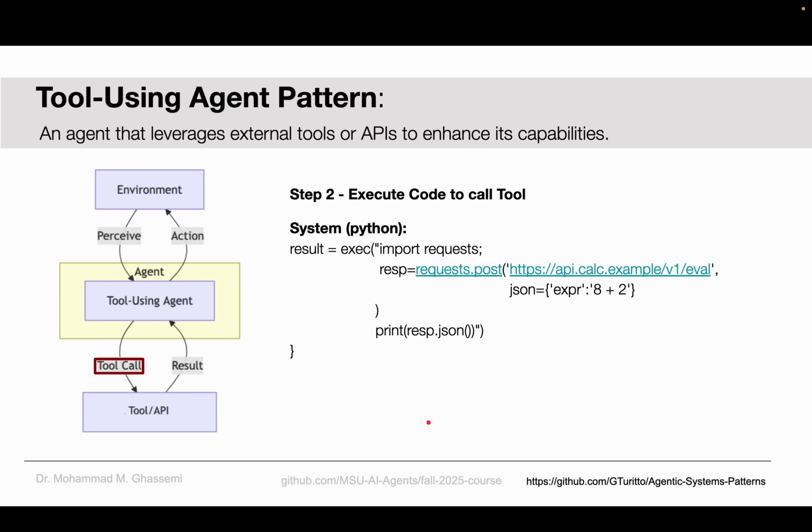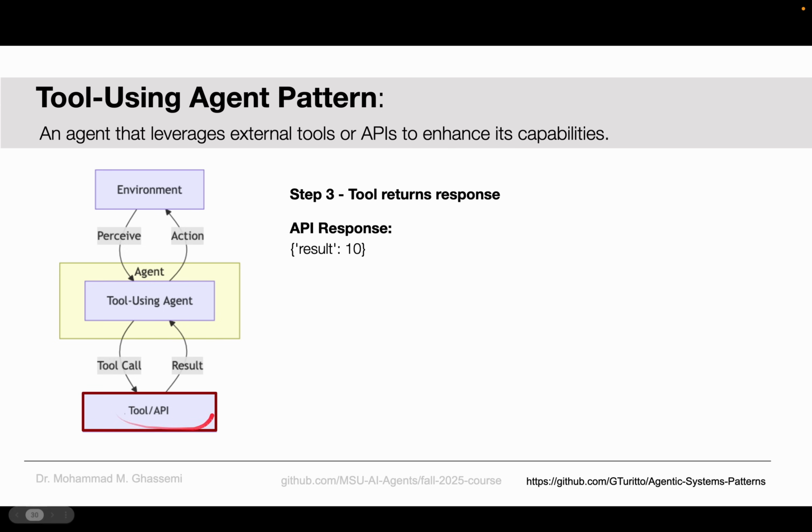Of course, after the agent does that, we have to, using the system now, call that Python code. So let's say that the system in this case is a Python environment. We'd run exec and we would execute exactly the string that we were provided by the large language model. We would get a result from the tool.